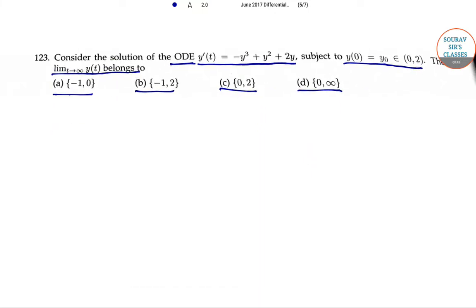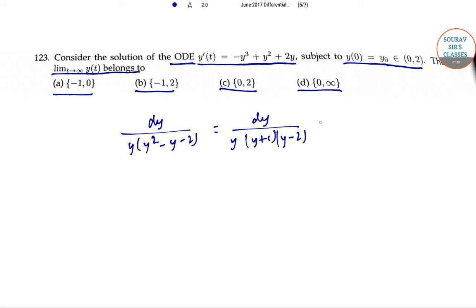Now for the denominator not equal to 0, we have dy by y(y^2 - y - 2) = dy by y(y + 1)(y - 2) = -dt by 1.